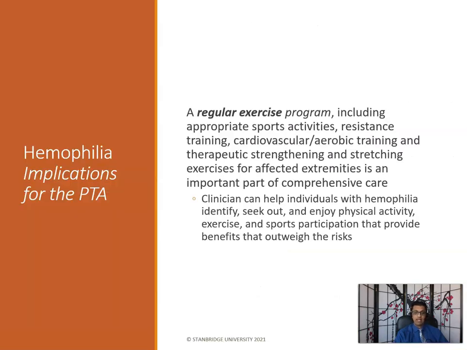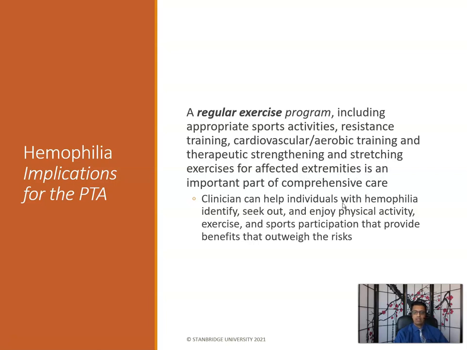What do you as a PTA have to be careful with? Well, with hemophilia, obviously excessive bleeding, but a regular exercise program, including appropriate sports activities, resistance training, cardiovascular aerobic training, and therapeutic strengthening and stretching exercises for affected extremities, is an important part of the comprehensive care.